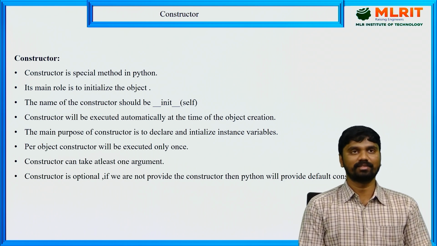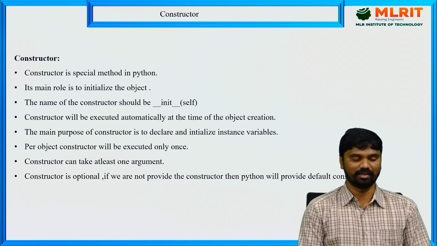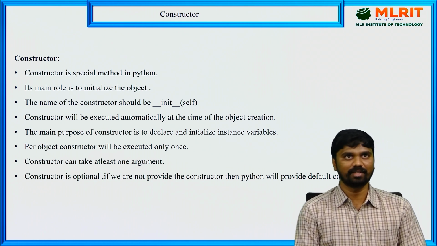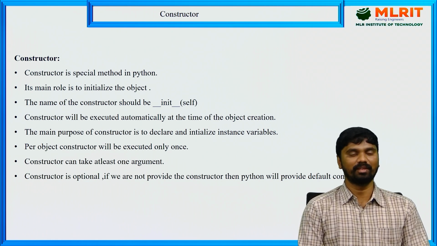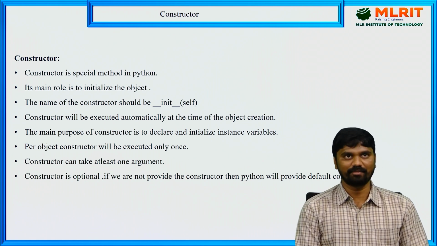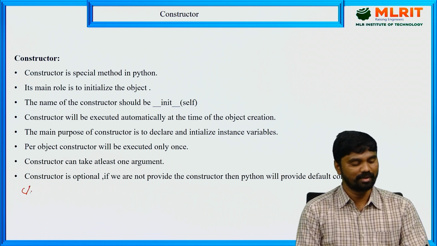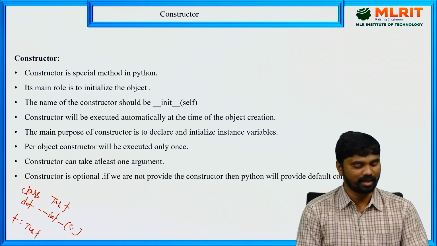Next, what is the constructor? The constructor is a special method in Python, and the constructor's main role is to initialize the objects. For example, class Test, now t equals Test, and here I define the constructor, double underscore init, and then self.